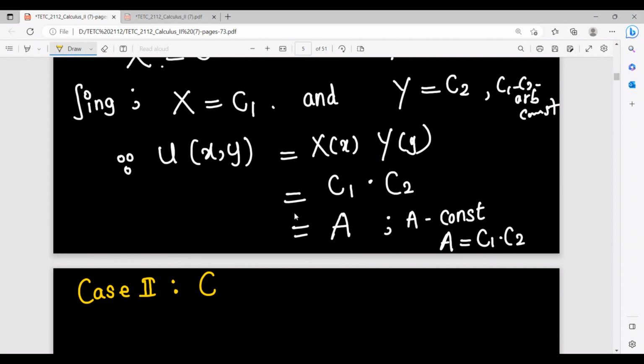To make our solution process easier, since it is a positive value, we are introducing another constant lambda, and we are assuming C is equal to the square of this new lambda. This is the case where C is positive. So now write the two equations.